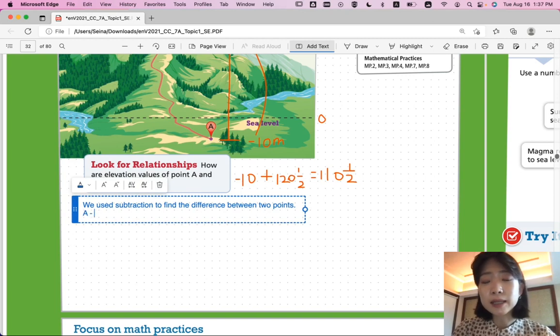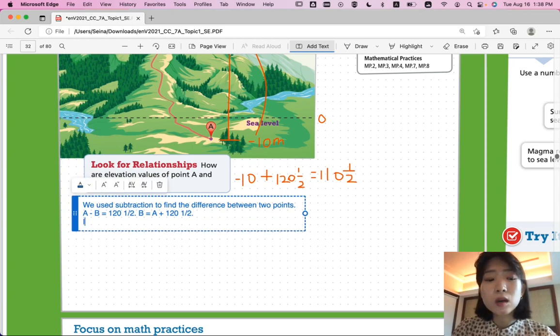So A minus B is equal to 120.5, which means B is equal to A plus 120 and half.